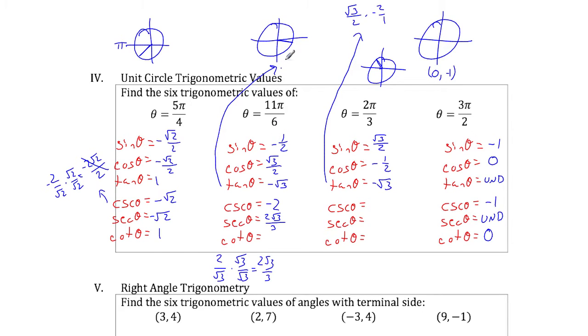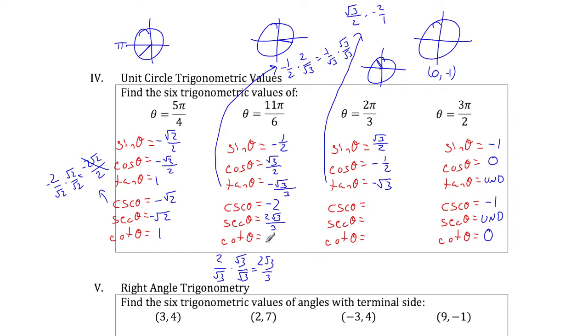Sine was negative 1/2. If we multiply by the reciprocal of cosine, 2 over root 3, we get negative 1 over root 3, which we rationalize by multiplying by root 3 over root 3. So we get negative root 3 over 3 for the tangent.